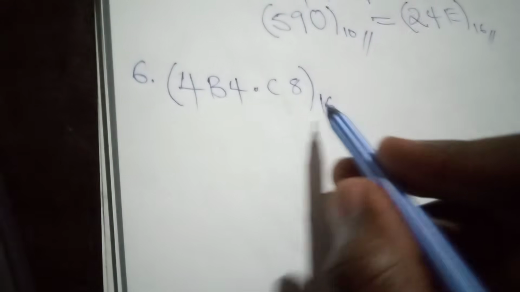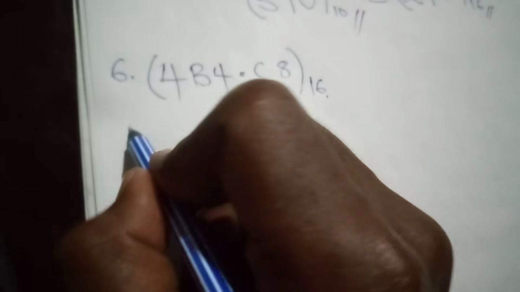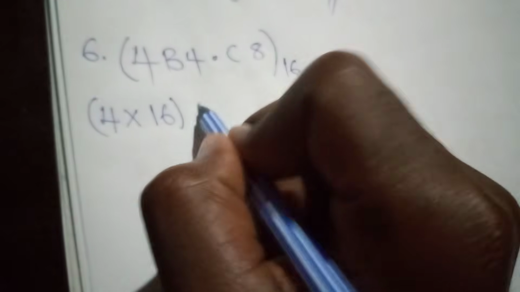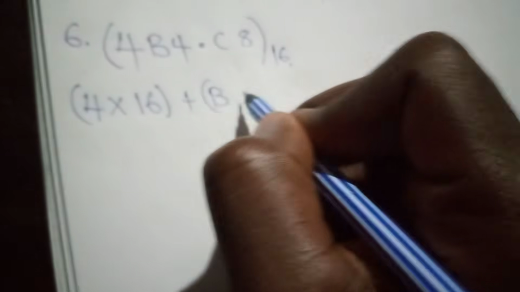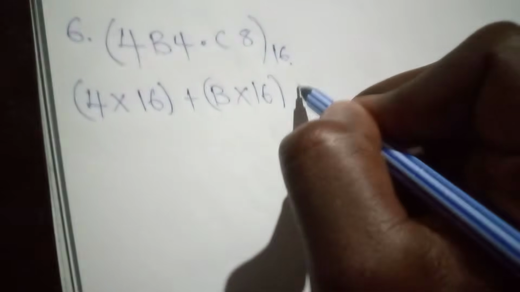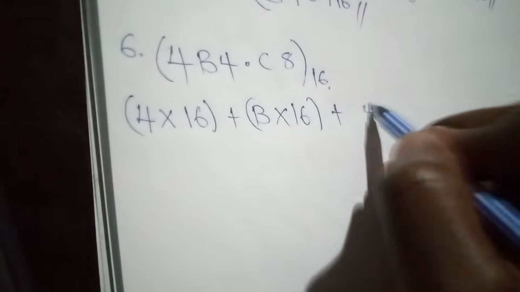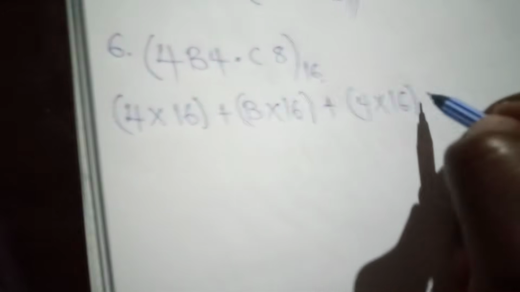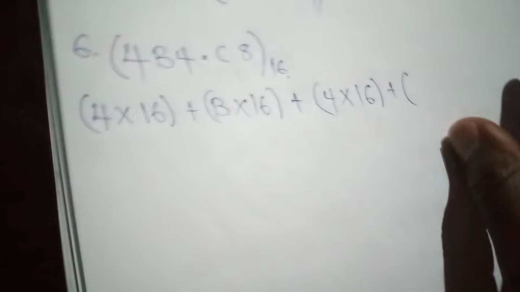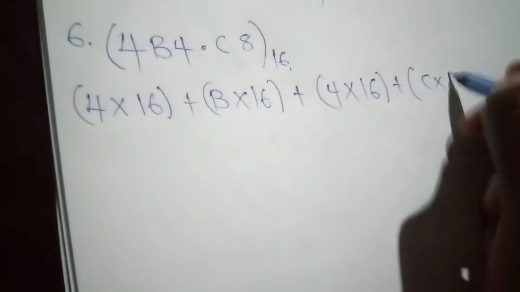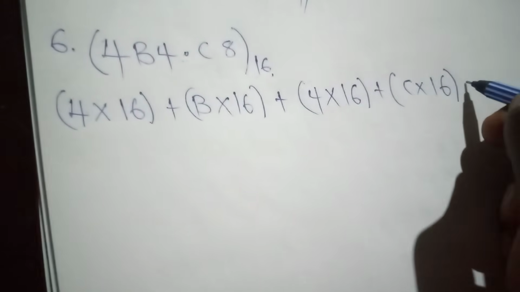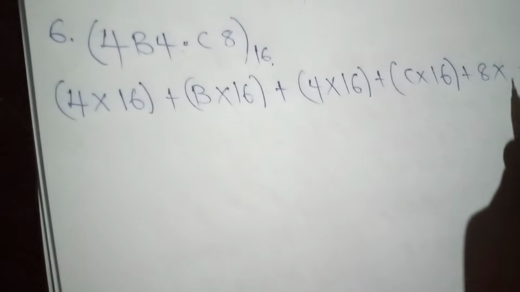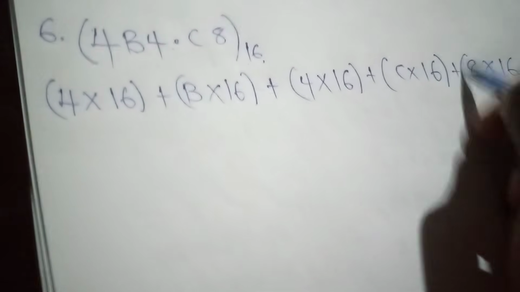That base is going to be multiplied with everything inside the brackets. So I'm going to start with 4 multiplied by 16 plus B multiplied by 16 plus 4 multiplied by 16. Even if there is a point there, just add. So that is C multiplied by 16 plus 8 multiplied by 16.